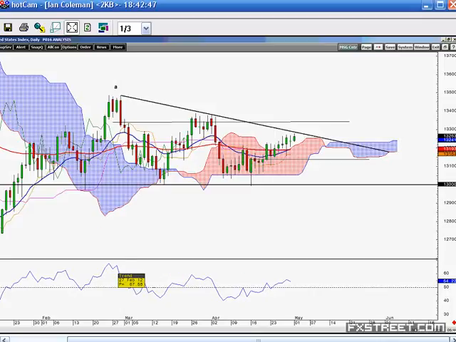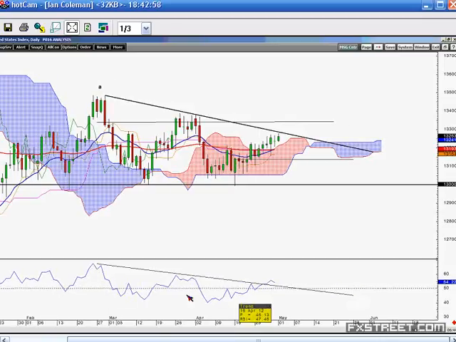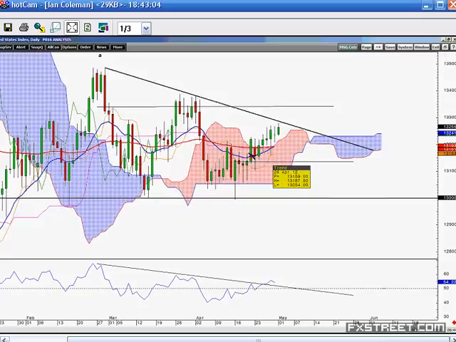We've got RSI making lower lows. At the moment it's on the buy side. We did have a breakout, we did have a retest, and now we've moved higher again.